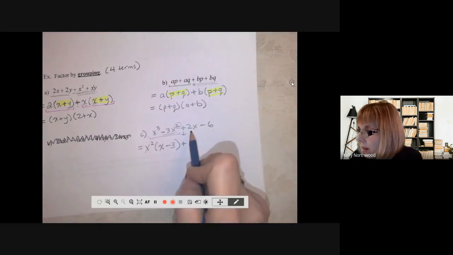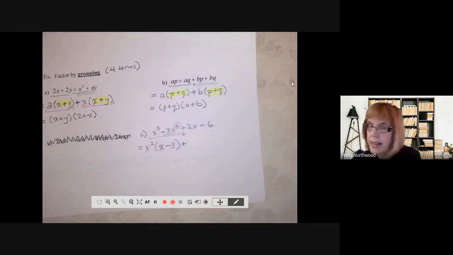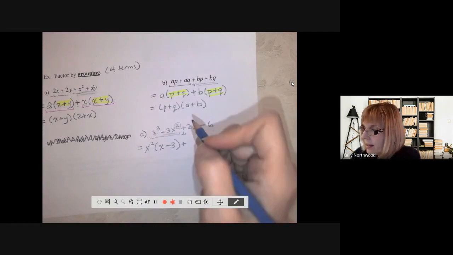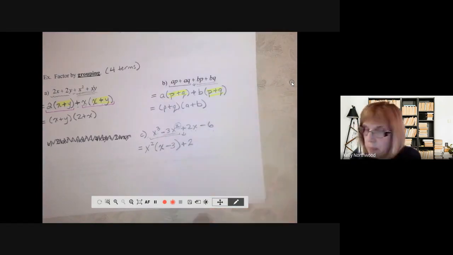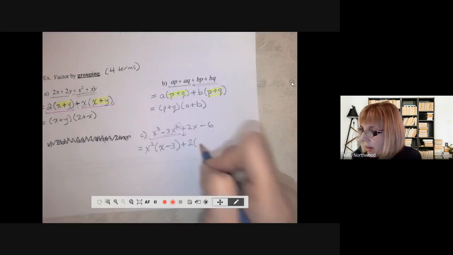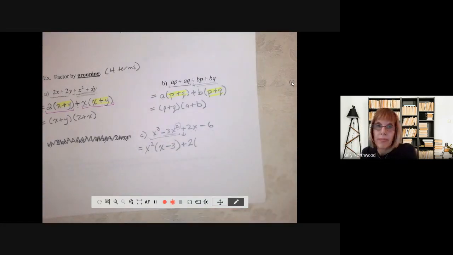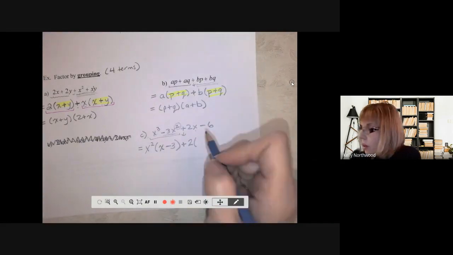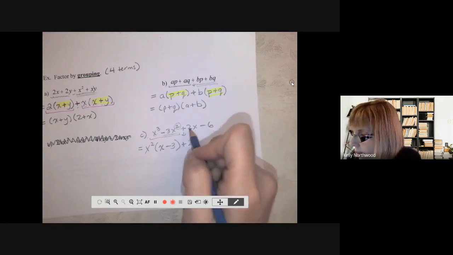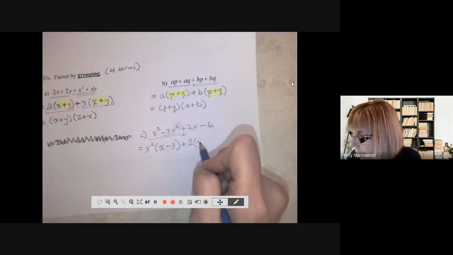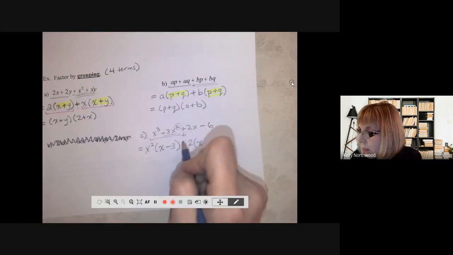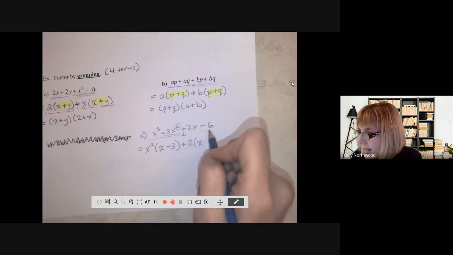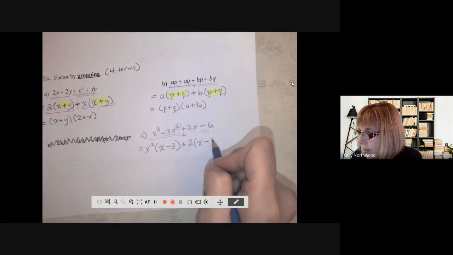And then what's in common with 2x and negative 6? 2. And there isn't an x in both, so 2 is your common factor. And then you think of, what do I need to multiply positive 2 by to get positive 2x? X. What do I need to multiply positive 2 by to get negative 6? Negative 3.